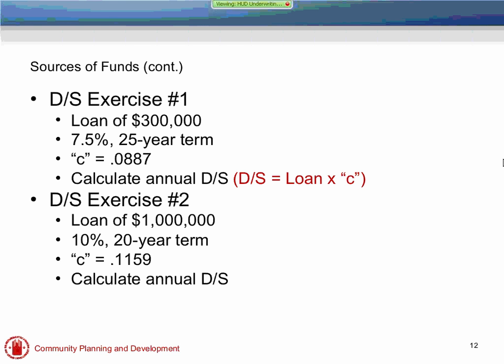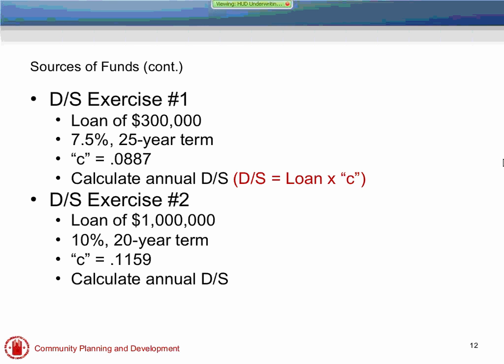Okay, let's go ahead and talk through the first loan, our $300,000 loan, at a 7.5% interest rate for 25 years. So the first step, as it shows on our formula here, is our loan amount of $300,000 times our constant of 0.0887.